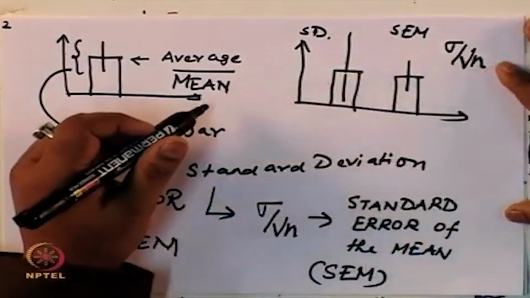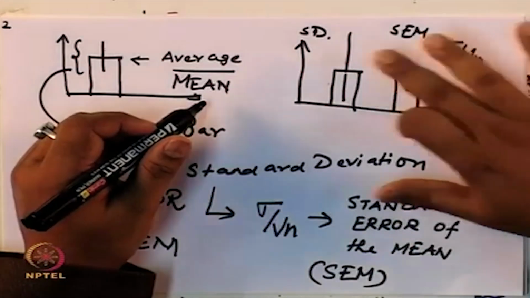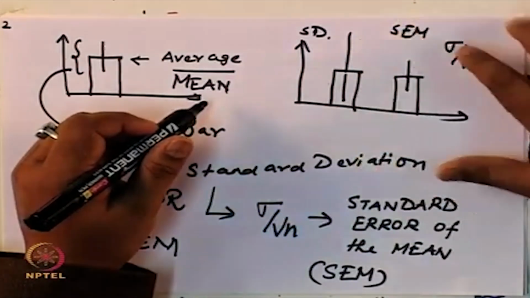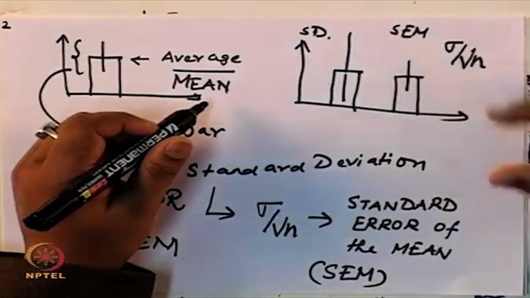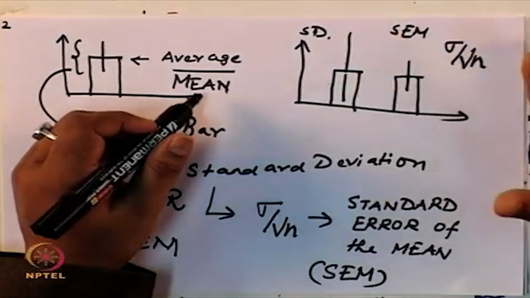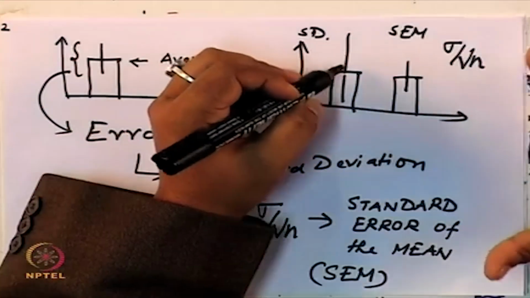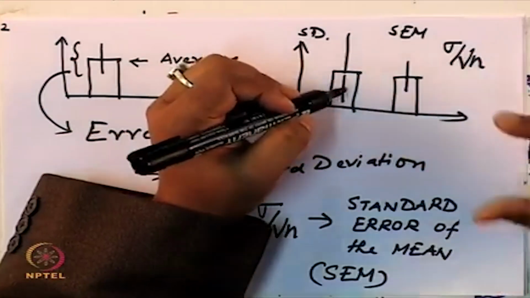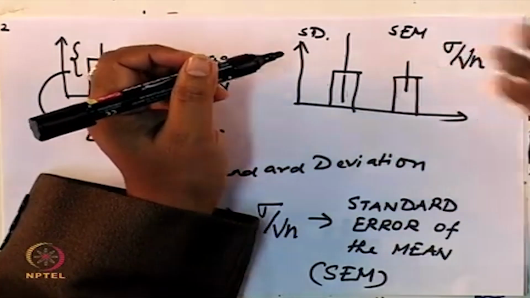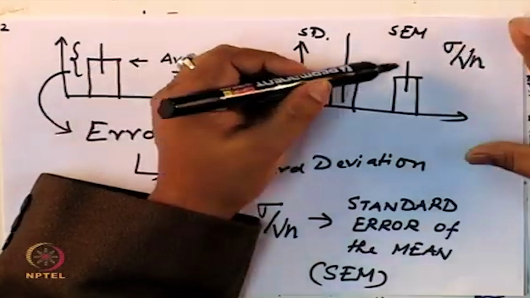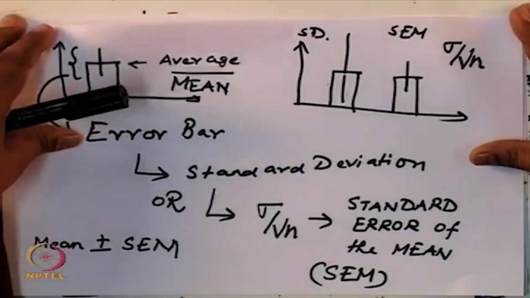Even if n is equal to 4, it is going to be half its size, sigma by root 4. If n is reasonably large, the standard deviation is less spread out, but the standard error of the mean is even less. So, sometimes it is helpful to present your data as mean plus minus SEM.